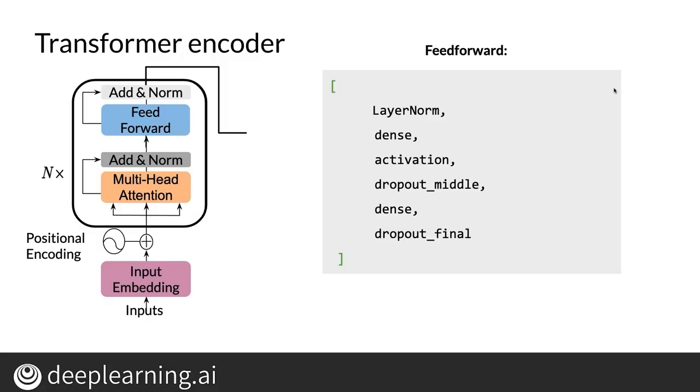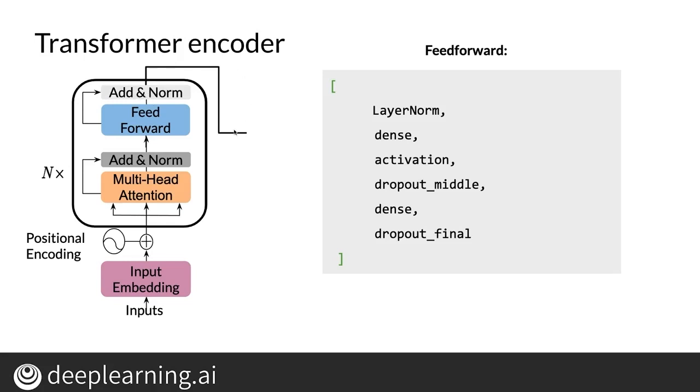So previously you've seen the transformer decoder, and now you're going to look at the transformer encoder. It's very similar. You have the input embeddings that are going in, then you have positional encoding, multi-head attention, add and normalization, then a feed forward, then another add and normalization.